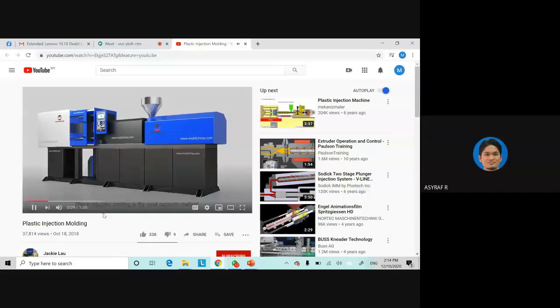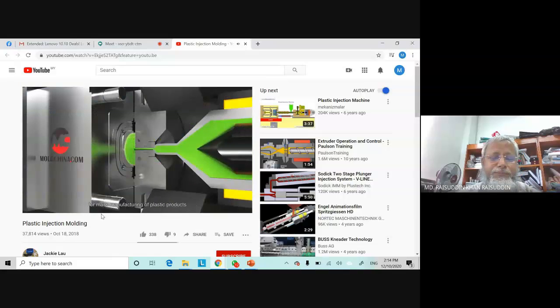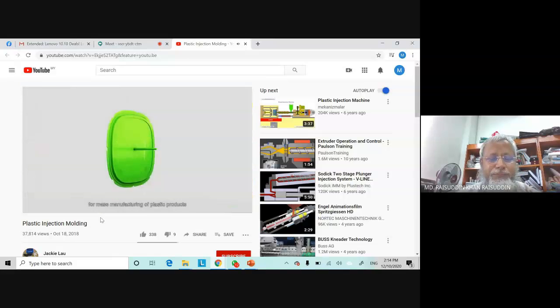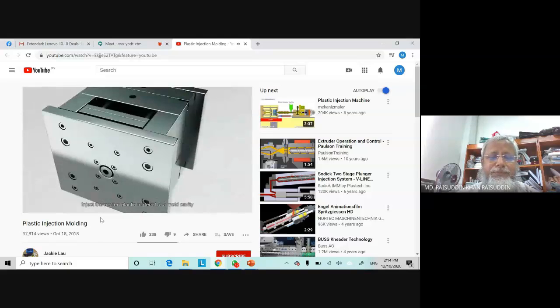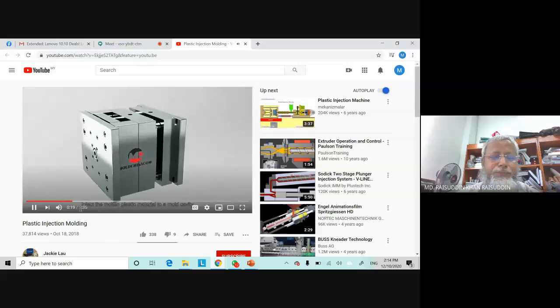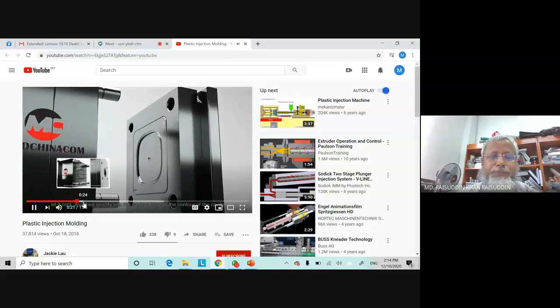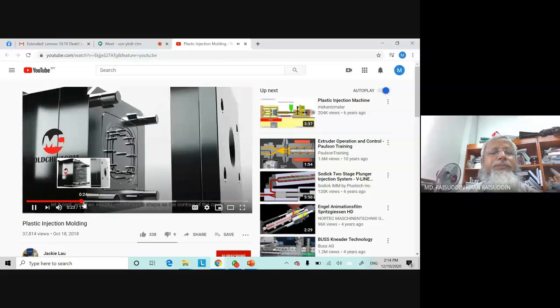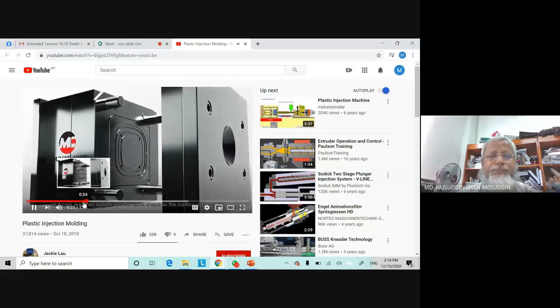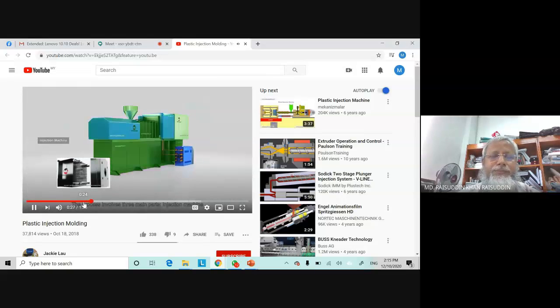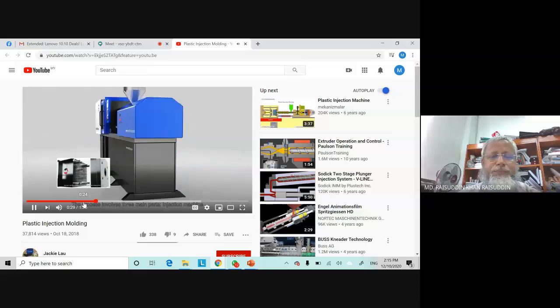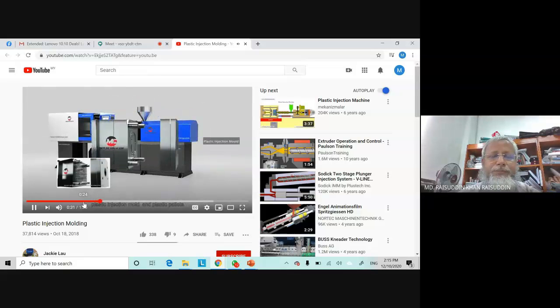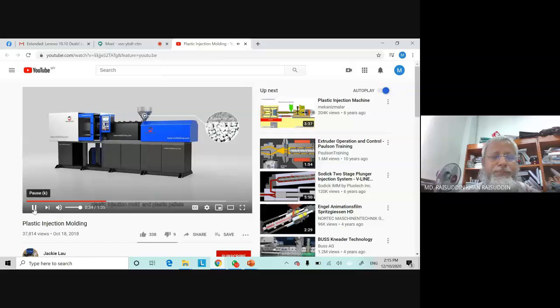Plastic injection molding is the most common method for mass manufacturing of plastic products. The principle is simple. Inject the melted plastic material into the mold and then solidify it into the solution as the temperature of the cavity. The process involves three parts: injection machine, plastic injection molding, and plastic pellets.